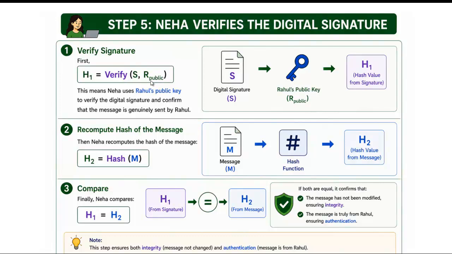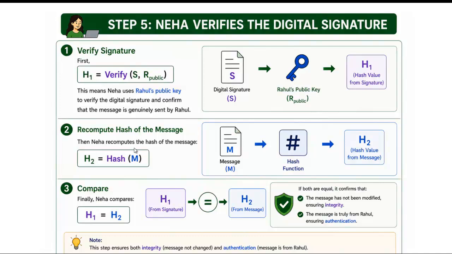In simple terms, the hash was signed or encrypted using Rahul's private key, so it can be verified using Rahul's public key, right? Now we have H1, the hash recovered from the digital signature. Neha obtains the hash value from the digital signature using Rahul's public key. So step 1 is done.